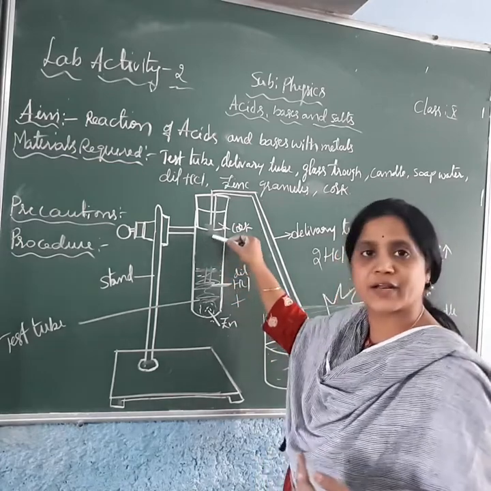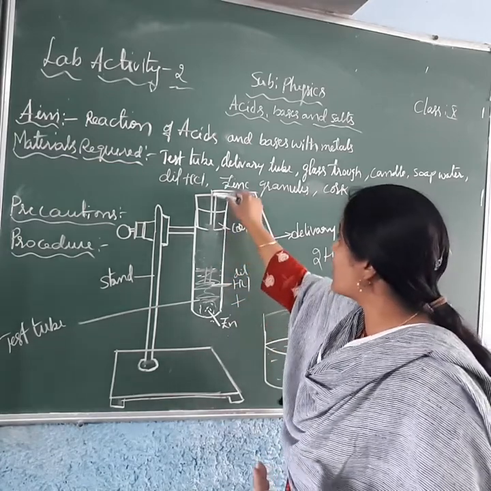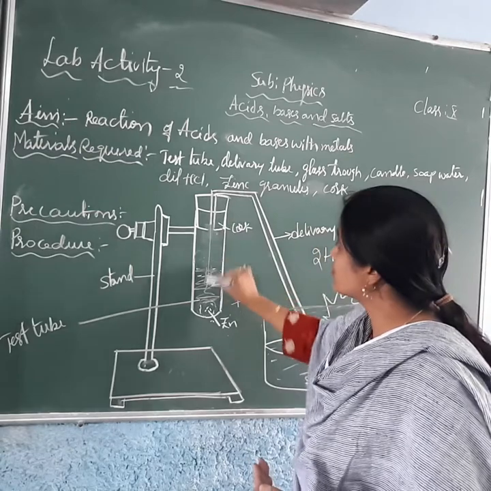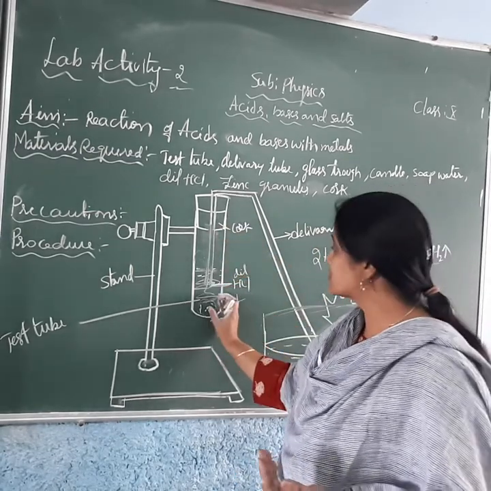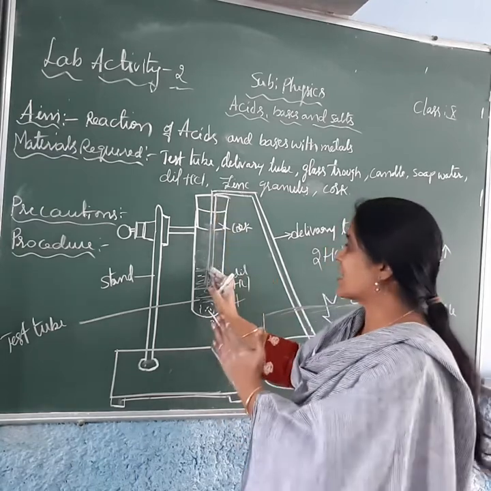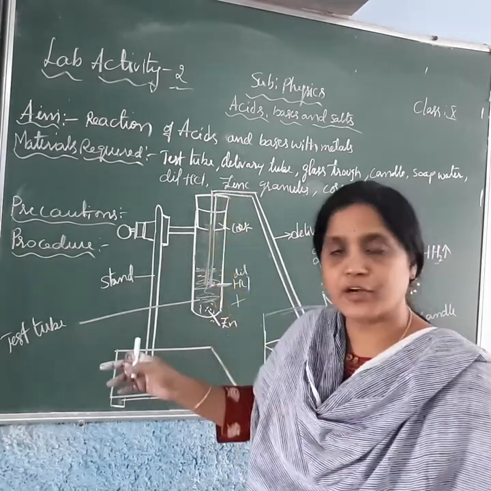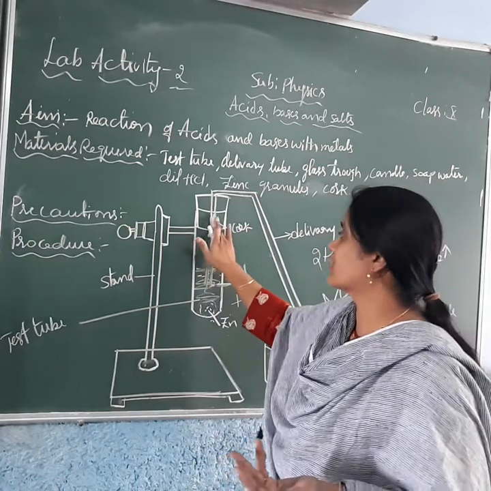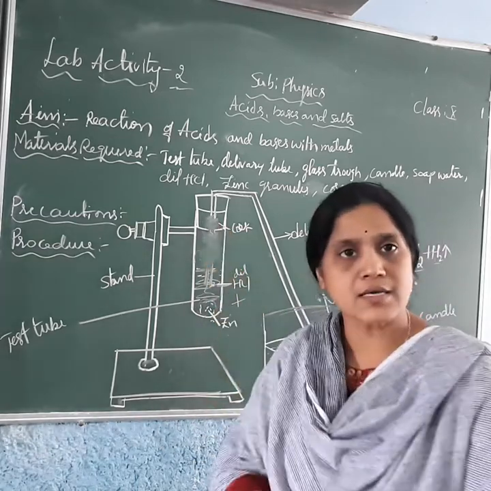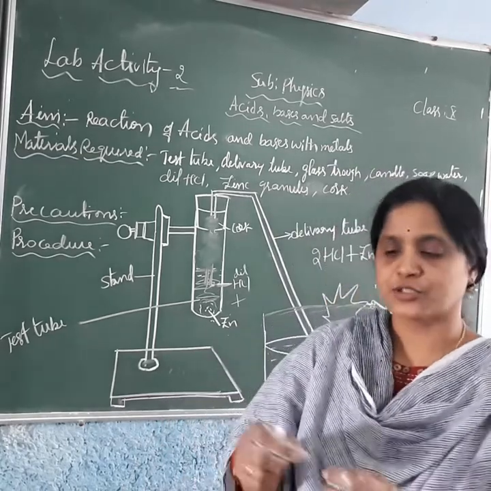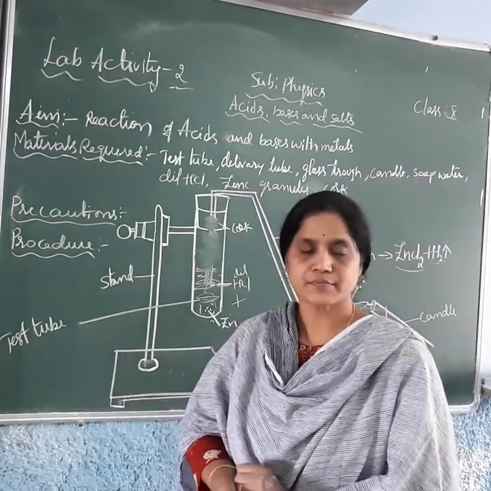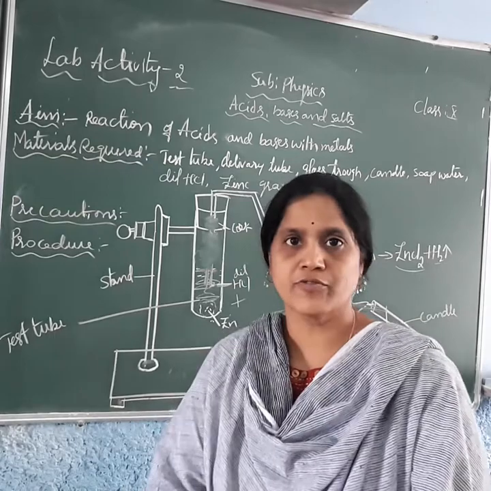Because when the gases are evolving, they should pass through this delivery tube. If the delivery tube is placed deep, the liquid also goes in, and the gases will not go through the delivery tube. So you must take these precautions. And here we are taking the acid, so handle it carefully and use droppers, do not use it directly. These are the precautions we should take.